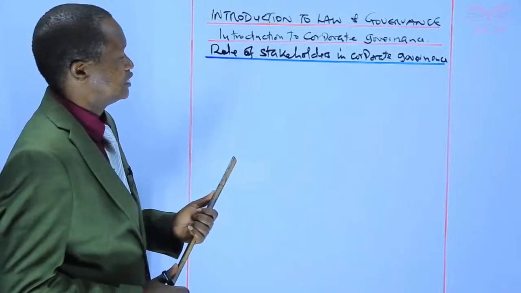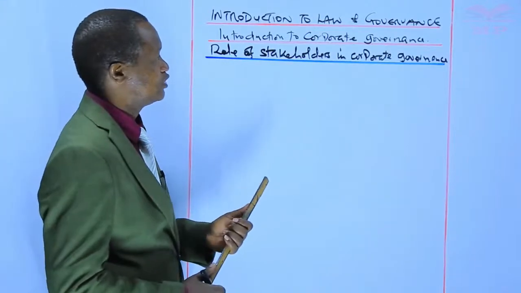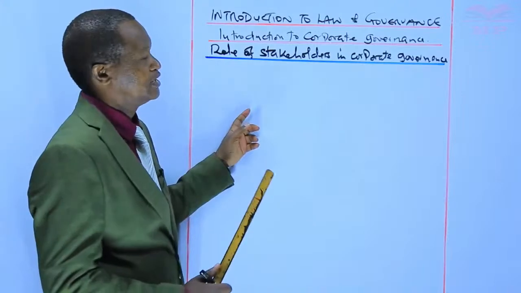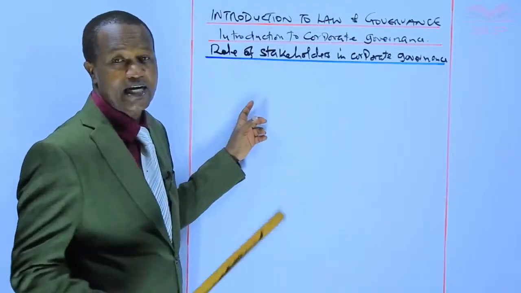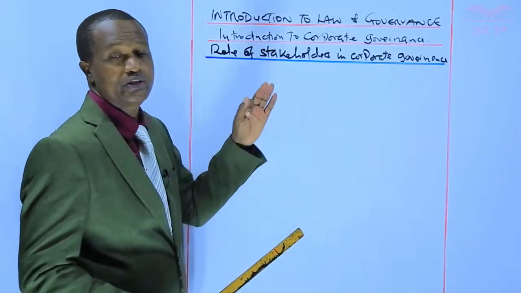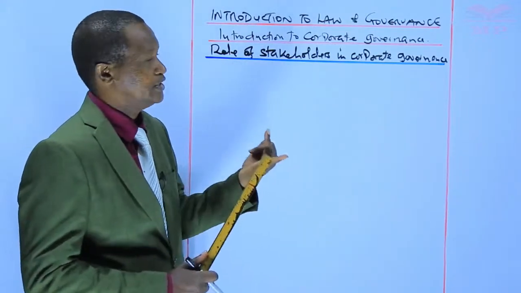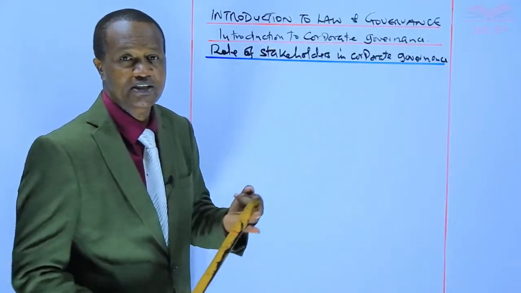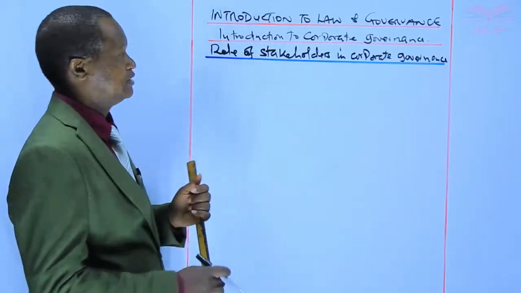In our today's session, we are going to study roles of stakeholders, specifically the shareholders, the directors, and the government. We will restrict our study to 3 stakeholders. Number 1, the shareholders. Number 2, the board of directors and the government.